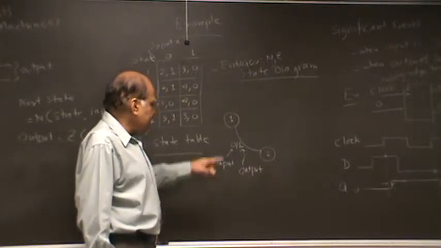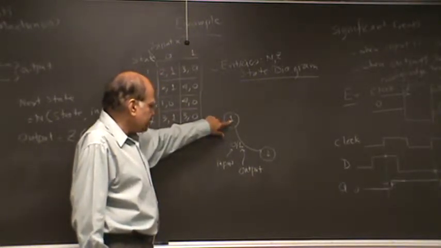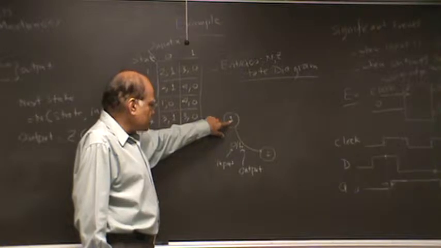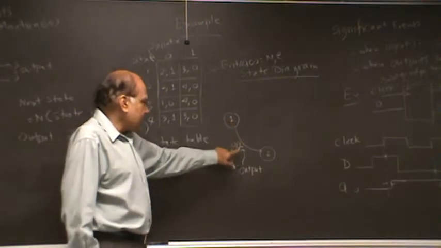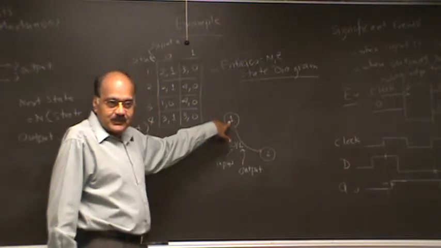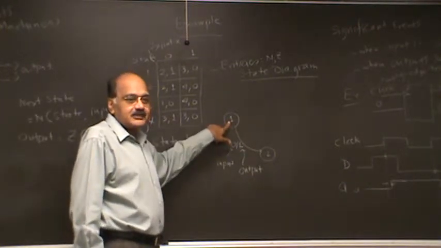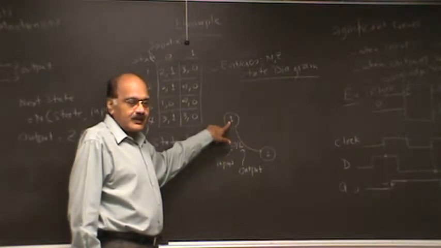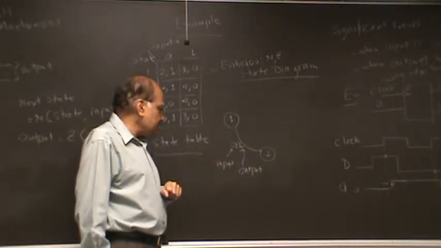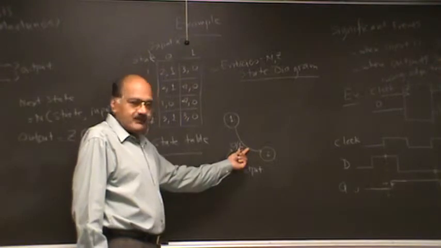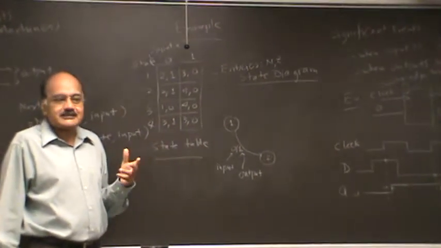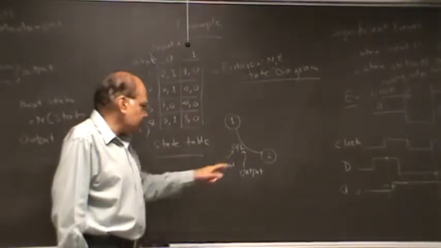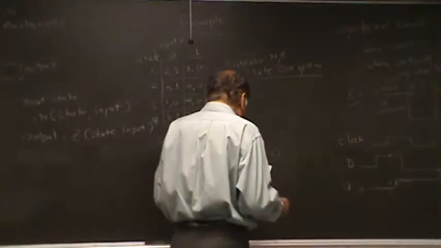And also we are saying that when you are in state 1, and when input is 0, the corresponding output is 1. So actually the output is associated with the state. Output is not associated with the transition. But this is just a convenient place to specify the output. Because you want to specify the output for all possible input combinations, so this is a convenient place.